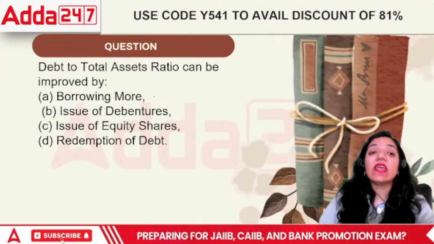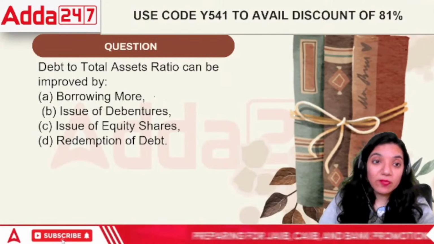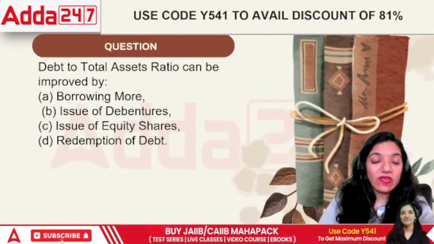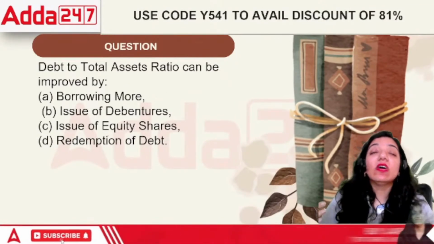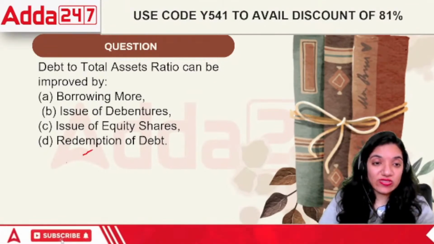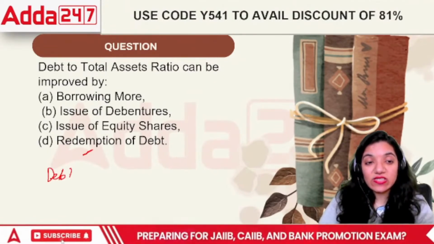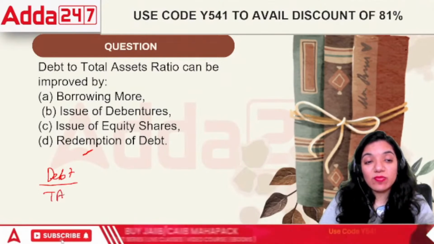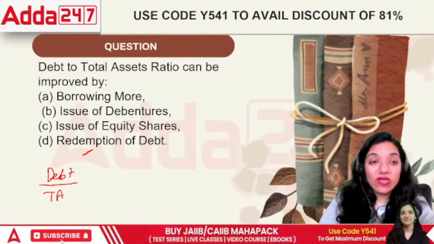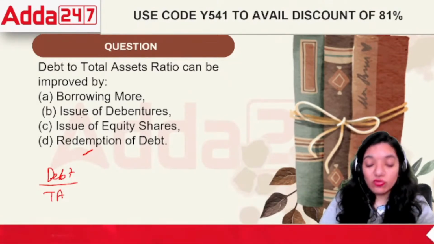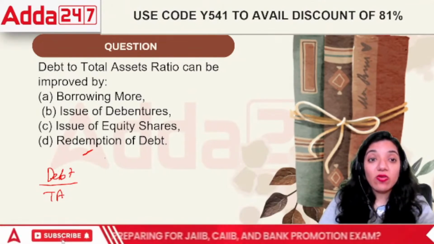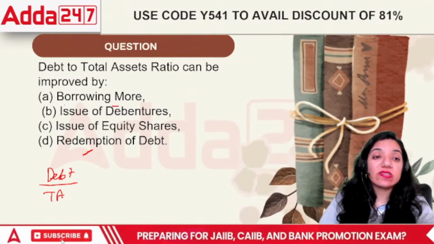Next question, debt to total asset ratio can be improved by. How can we improve the debt to total asset ratio? This ratio states that this portion is debt, and the assets are built up by adding total assets to the business. So it is debt to total assets of the business. Now, how can we improve this particular scenario?